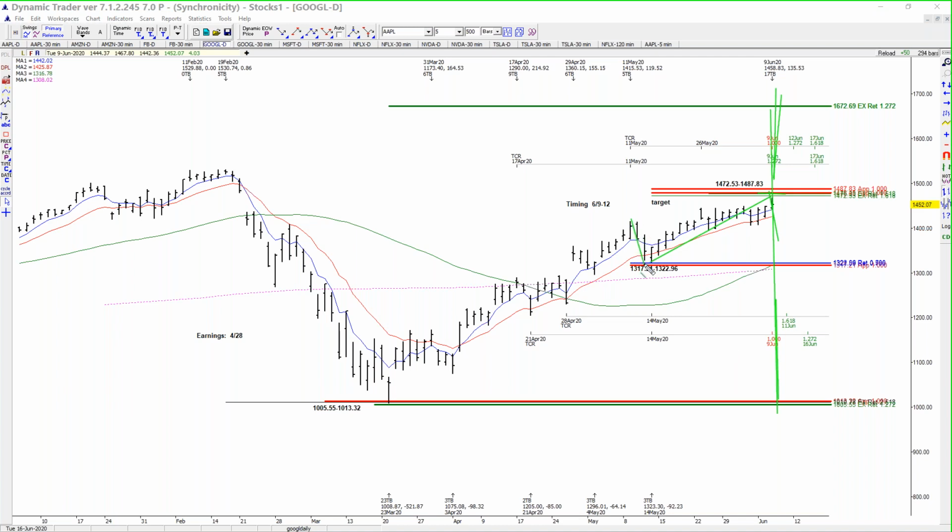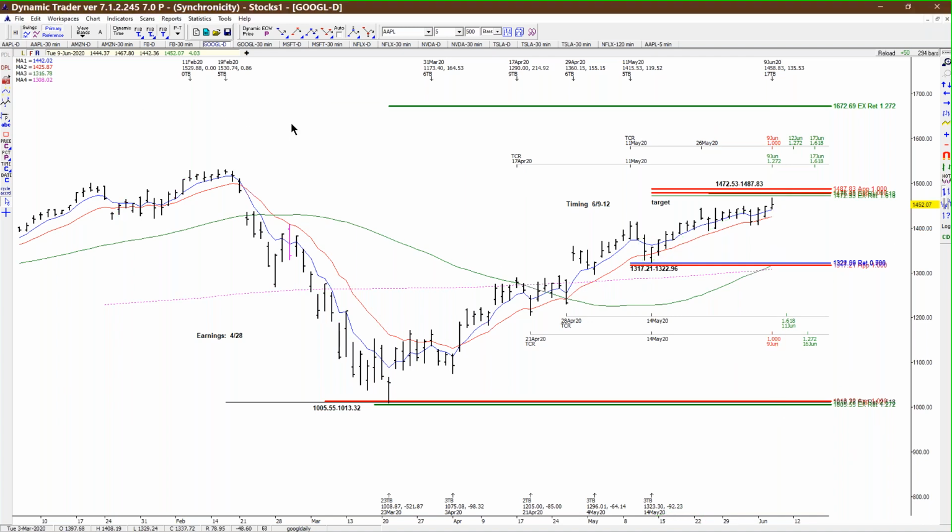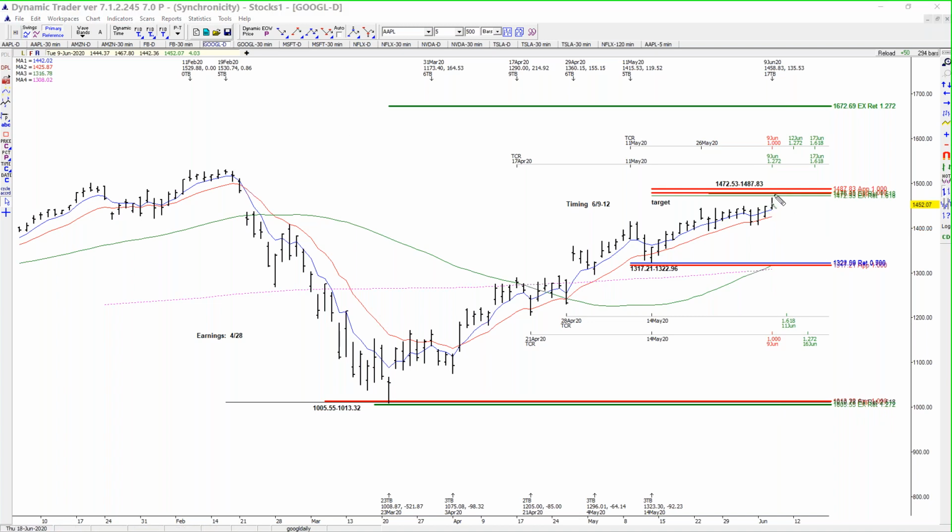Would you want to sit through a $92 pullback in Google? I mean, my guess is no. But then again, I guess some of you may be much longer term oriented. But yeah, this tells you, I don't want you really to use this for a short unless you're super nimble and you know exactly what you're doing.